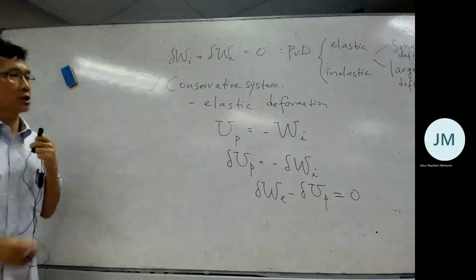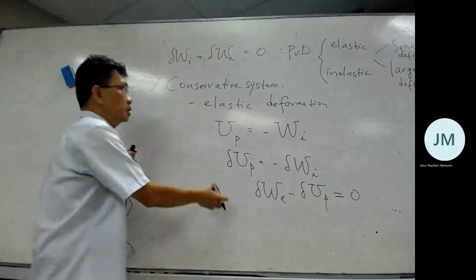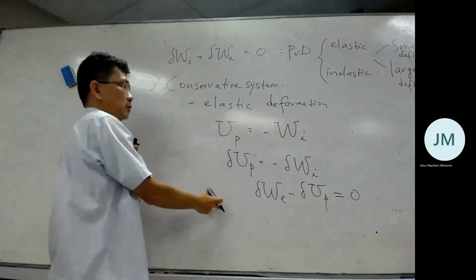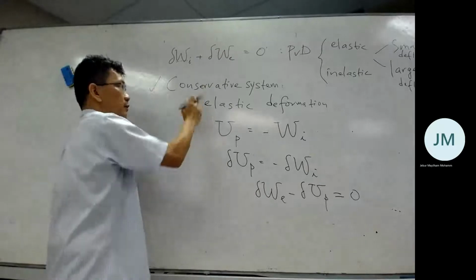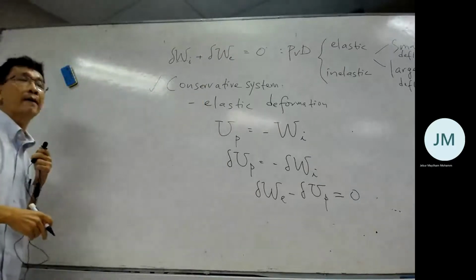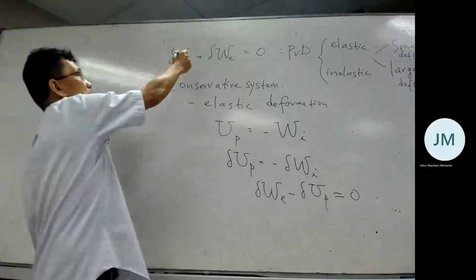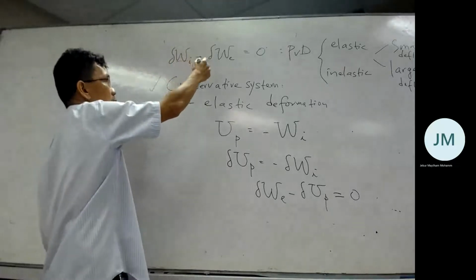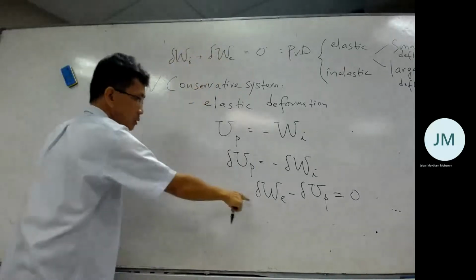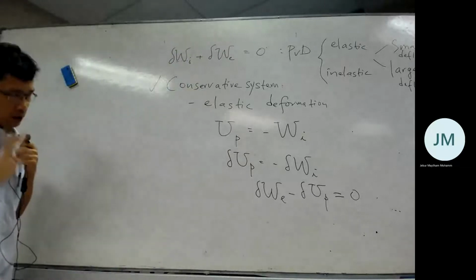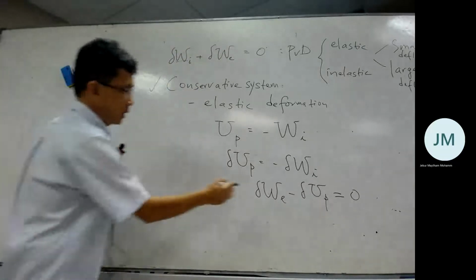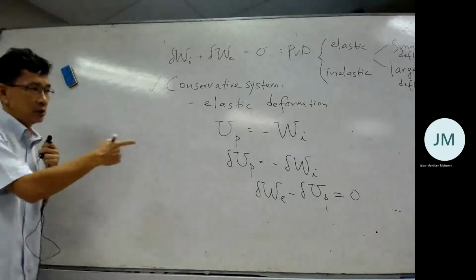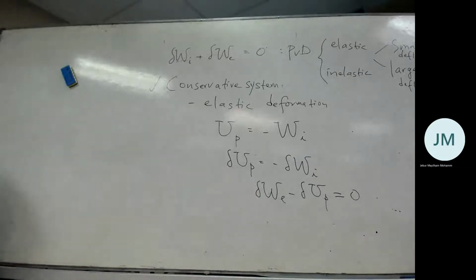So this is the specialization of the principle of virtual displacement for the case of conservative problems. It can be conservative or non-conservative, but when we want to specialize it to a conservative problem, it can be written in this way. So this is PVD.